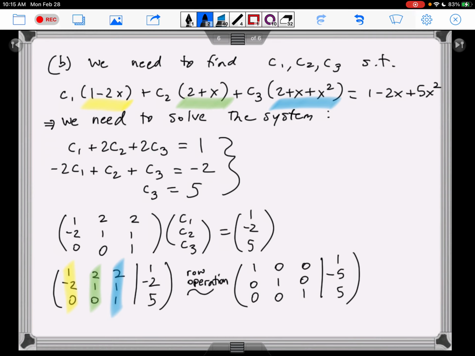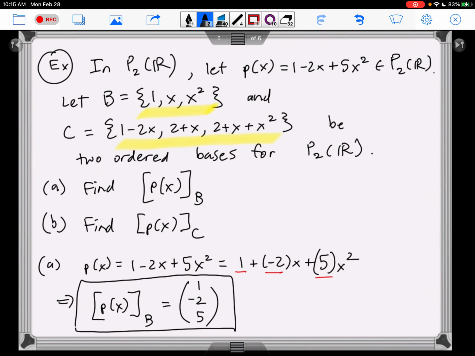So what does this mean? This means that P of x is actually equal to, and let's go back to my original basis.